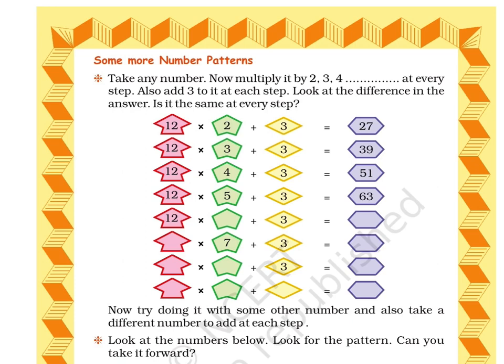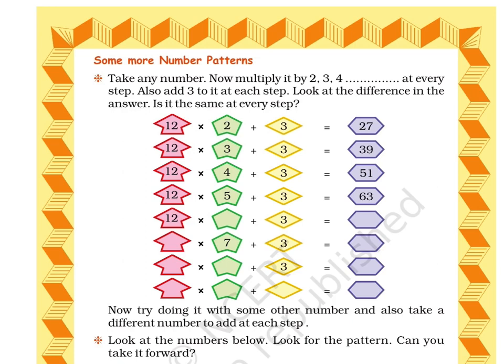12 multiplied by 2 plus 3 is equal to 27. 12 multiplied by 3 plus 3 is equal to 39. 12 multiplied by 4 plus 3 is equal to 51. 12 multiplied by 5 plus 3 is equal to 63. 12 multiplied by dash plus 3 is equal to dash.